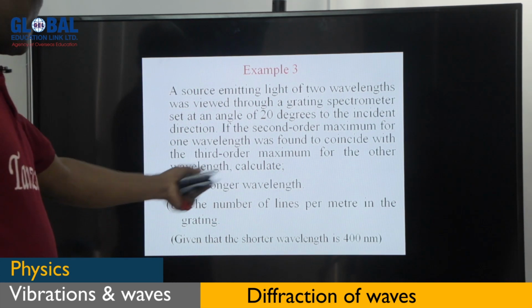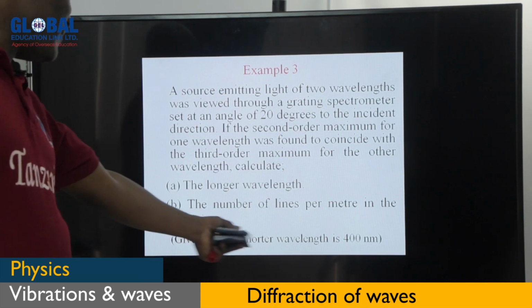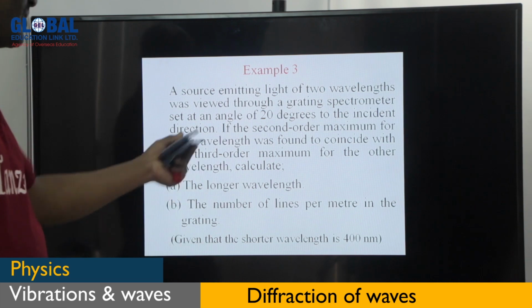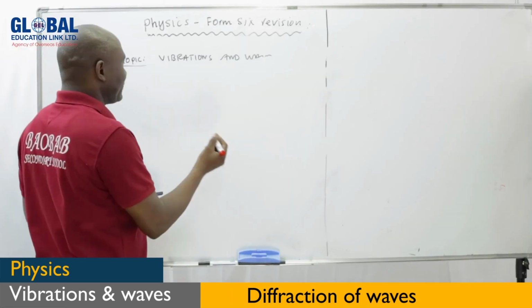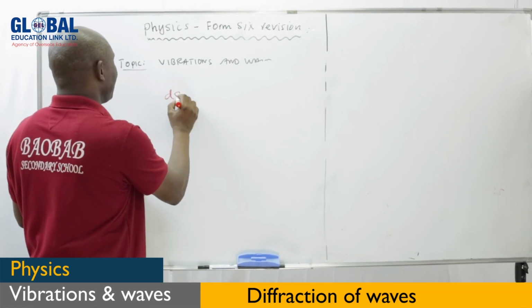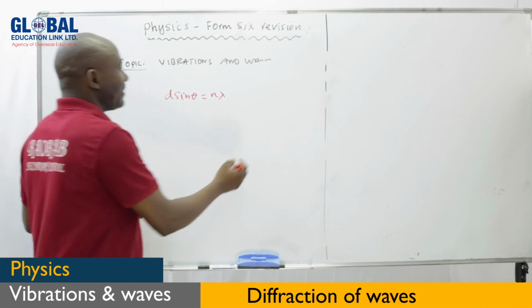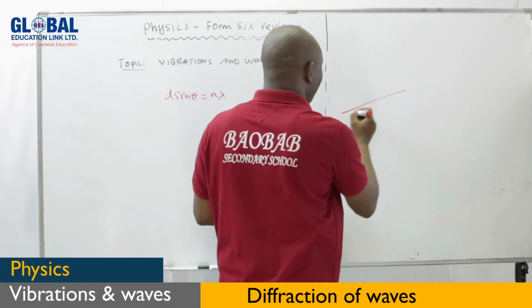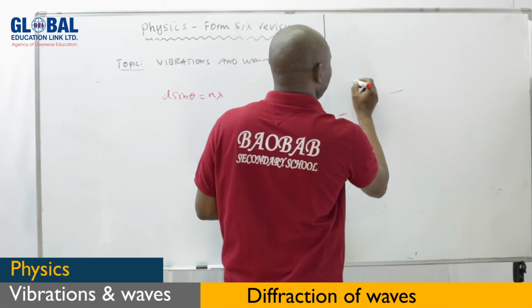Find the number of lines per meter, given the shorter wavelength. It's very simple, but the way you see this question, it seems difficult. But the concept is d sine theta equals n lambda. So maybe for one wavelength, you can have this.